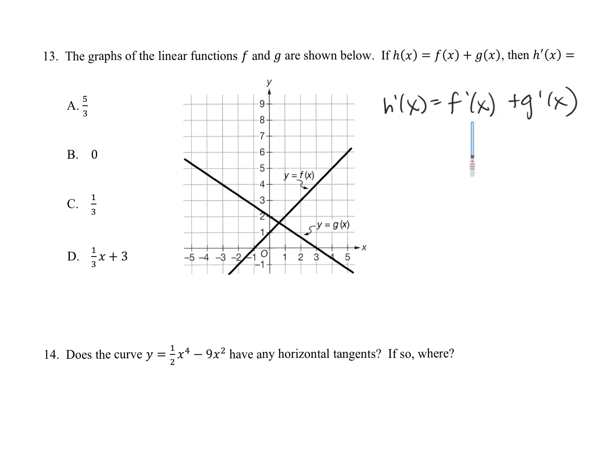What does f prime of x really stand for? F prime just means slope. You guys, can we go find the slope of this graph, which is f? Yeah. Slope is just rise over run. What's the slope of this f graph going to be? Yeah, I agree. So h prime of x is just going to be 1 plus g prime of x, which is just the slope of this g line.